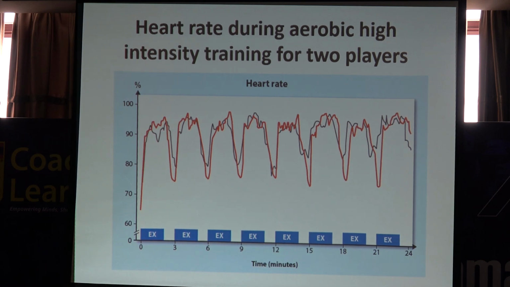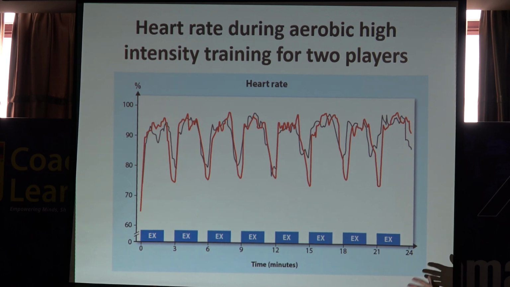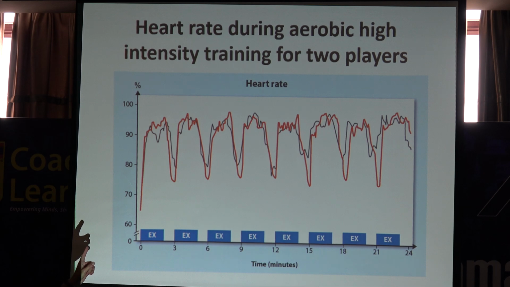These are two players doing the transition drill, attacking and defending, like what we did today. They were playing in the English Premier League at that time. So 2 minutes of exercise, 1 minute of rest, 8 intervals.